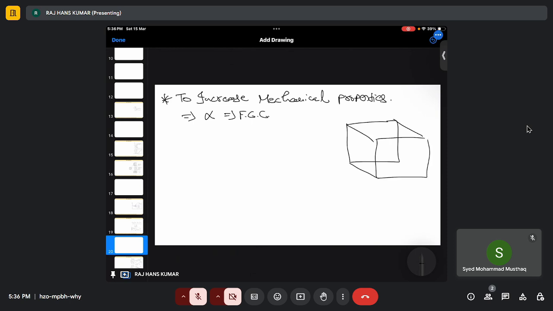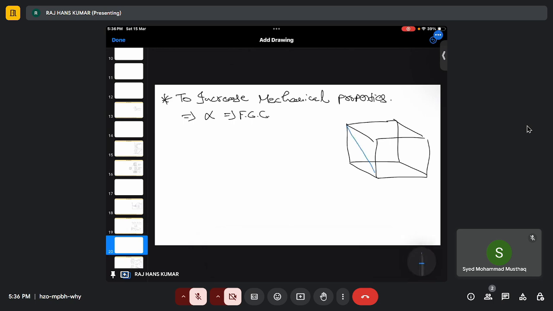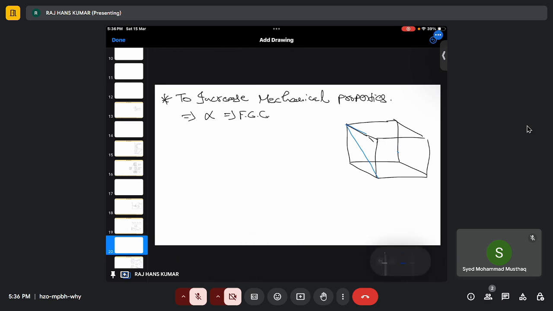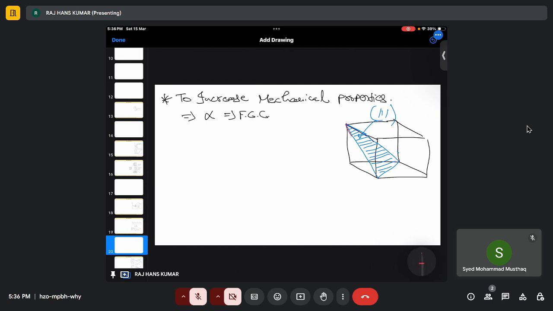For FCC, this is my slip plane, which is the 111 plane, and my slip direction is along this.